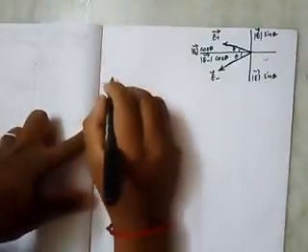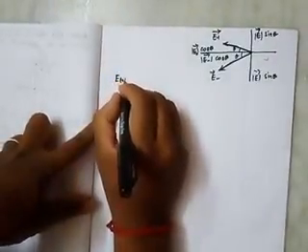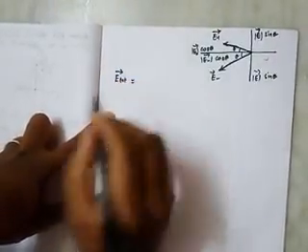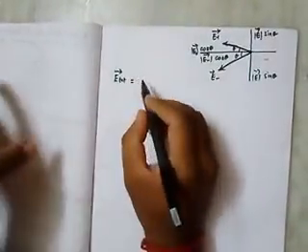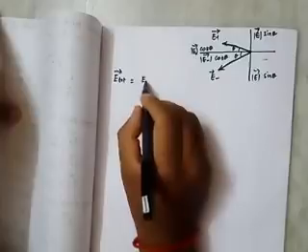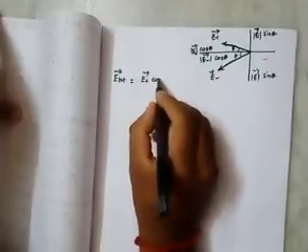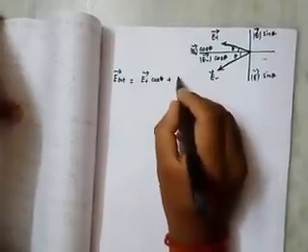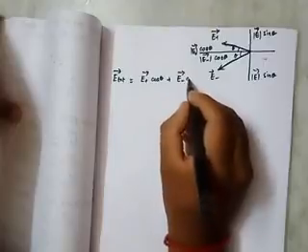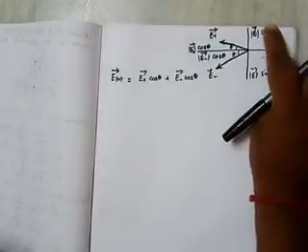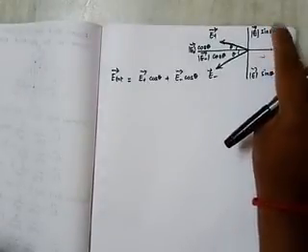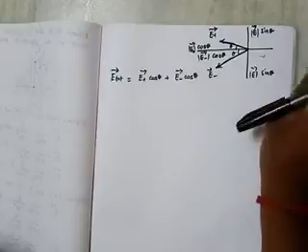The total electric field is calculated using the formula E total is equal to E plus vector cos theta plus E minus vector cos theta. Only the cos components remain, because the sin components, the vertical components, have the same magnitude and act in opposite directions, so they cancel each other.